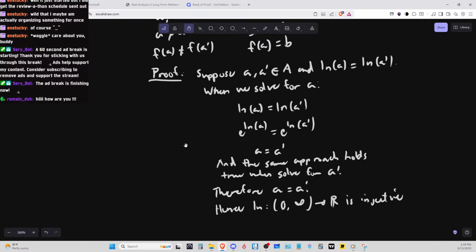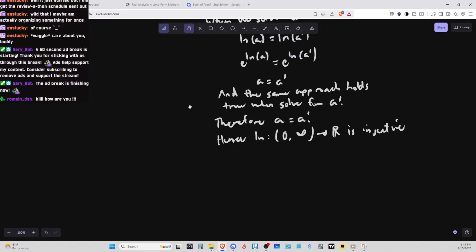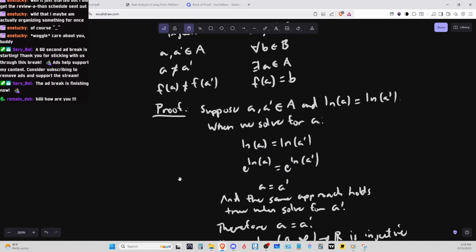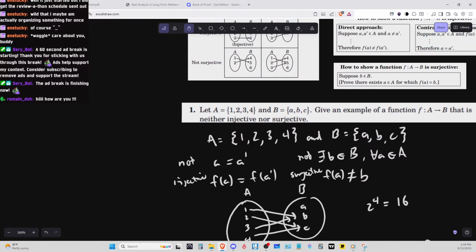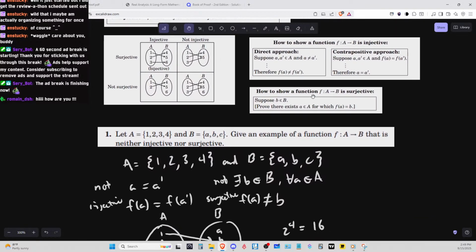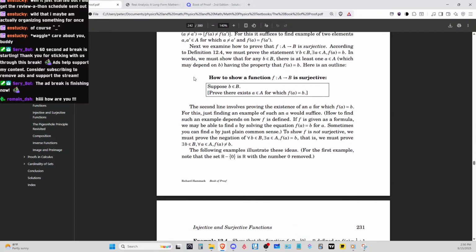Now we have to prove that it's surjective, and based on what we saw in the example, show that the function is surjective. Suppose B, and then prove there exists A in A such that f of A is equal to B. For this, just finding an example would suffice.